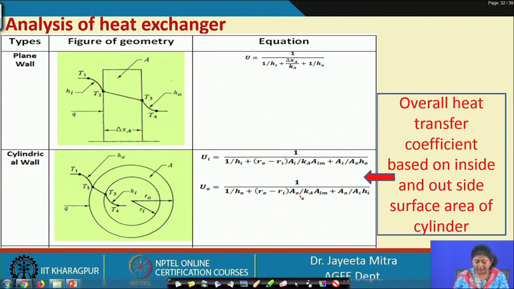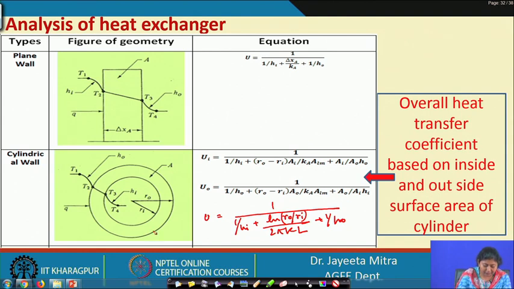We simply can have U equal to 1 by H_I plus ln of R_O by R_I divided by 2 pi k L, where L is the length of the tube, okay, plus 1 by H_O. Okay. So, if we extend this, the length will be L, right.